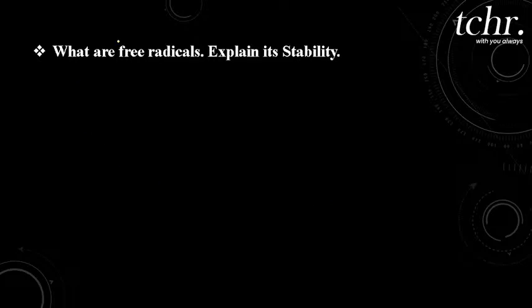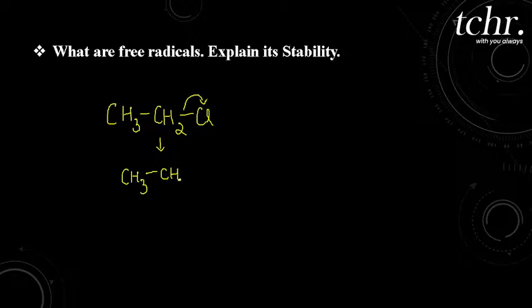Now students, listen. If I write CH3CH2Cl, here a bond breaks and both the electrons go towards chlorine.